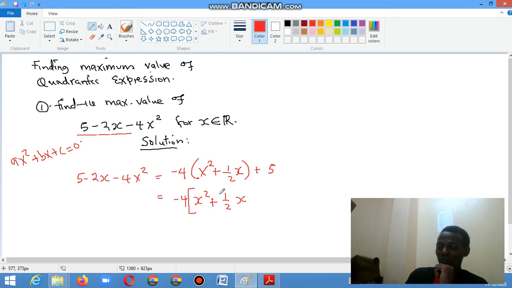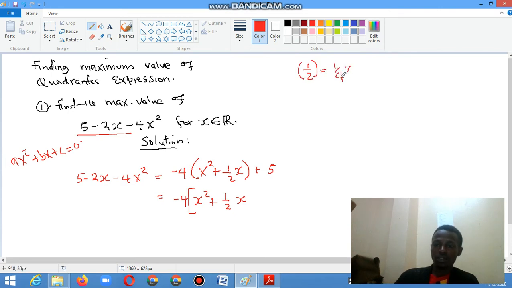So the half, this half here, and maybe simplify it from here. If I have a half, then divide it by half, it will be a quarter.